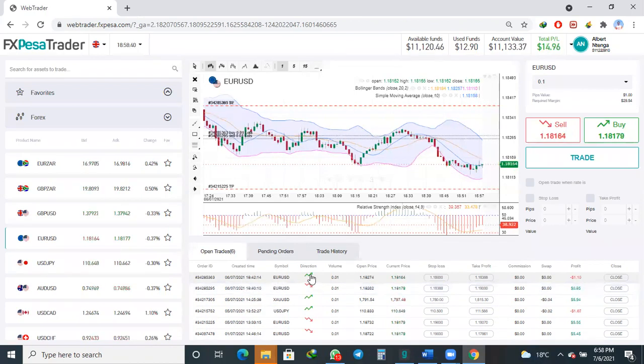Now, I want to do an illustration by closing the first trade, that's the euro dollar, the buy scenario. So I just click on the close icon.